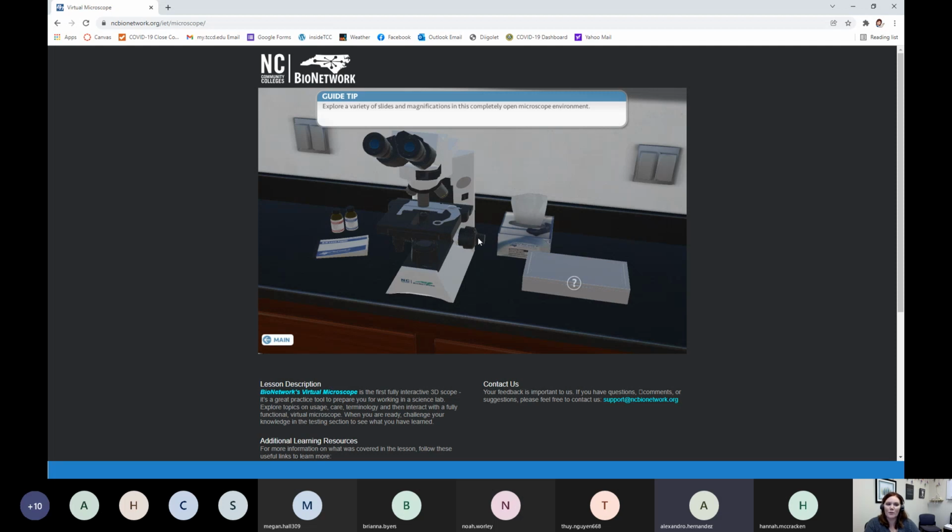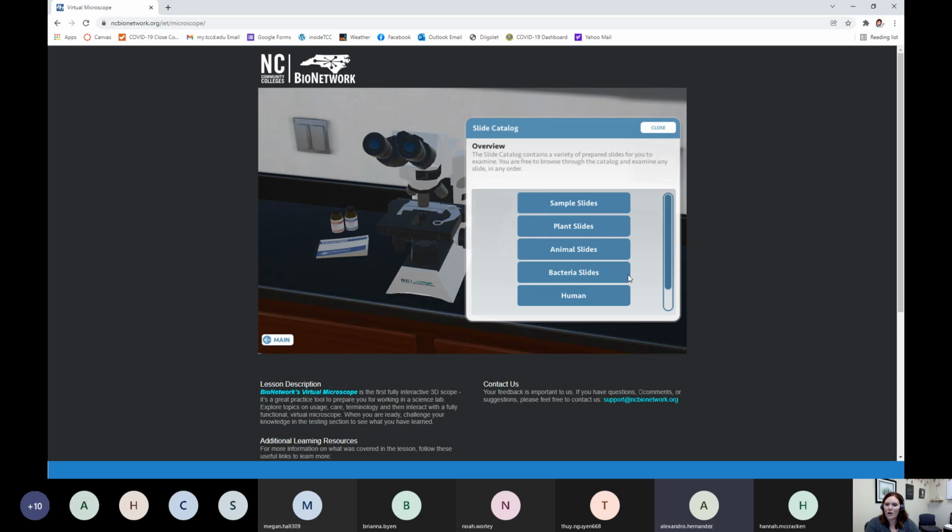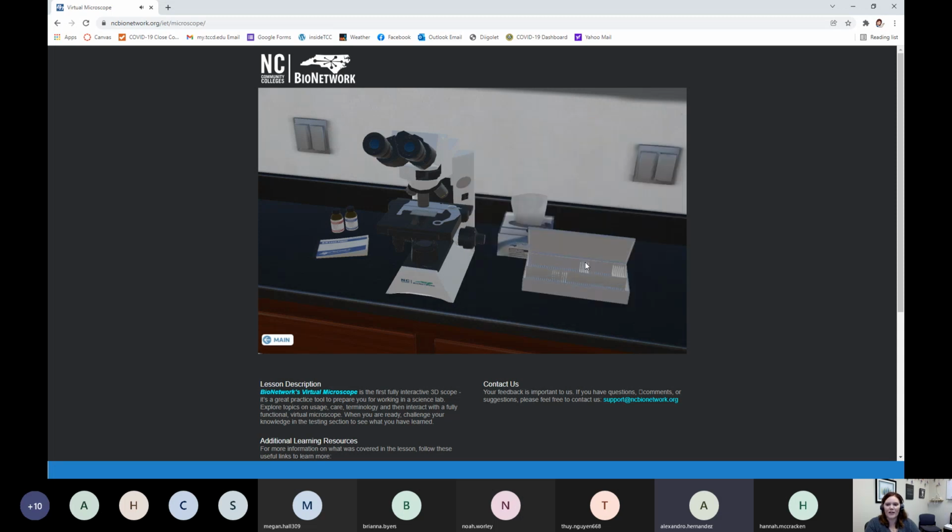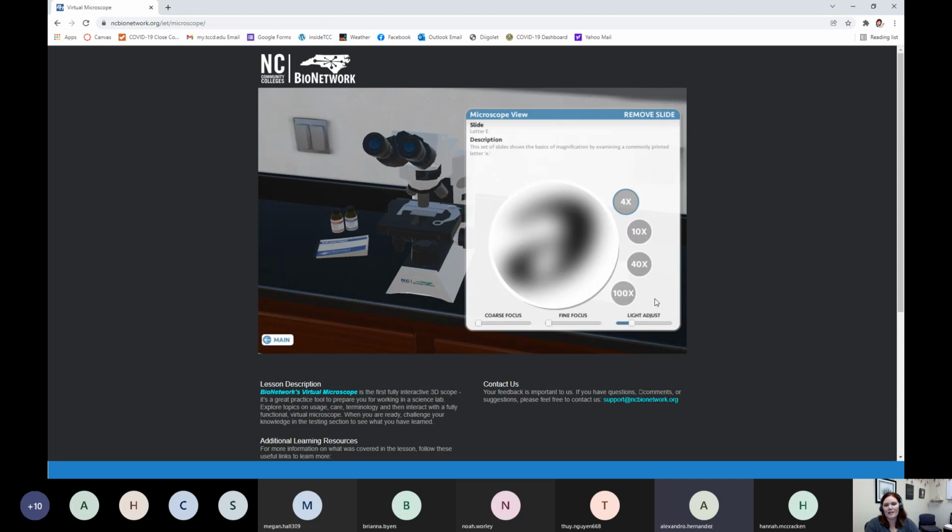So we're going to play around with a couple of different slides to explore how the microscope works. So first, we're going to look at a random sample slide with the letter E on it. So it's not a human cell, it's not anything else. We just put this letter E slide onto our microscope. When I first put a slide on my microscope, I'm always starting with the red objective, the scanning objective, which is the one that made things 4 times bigger.